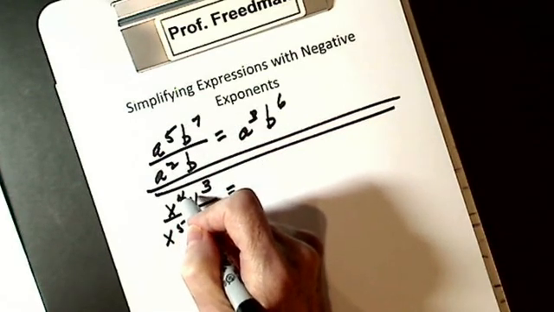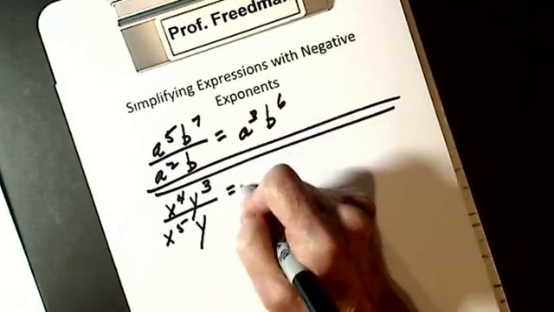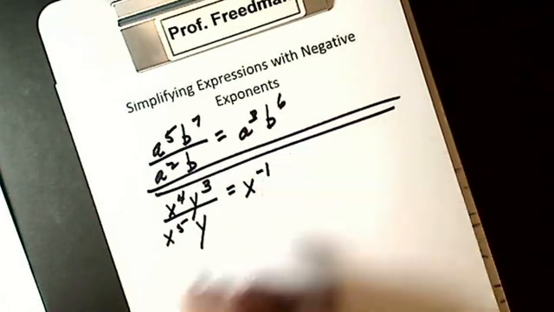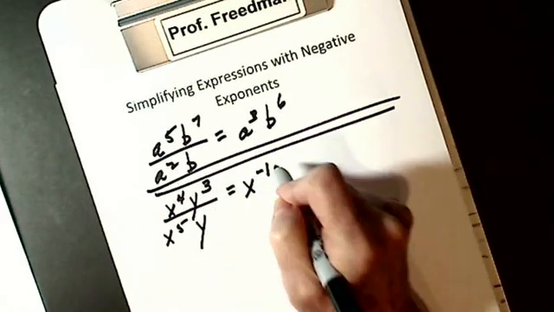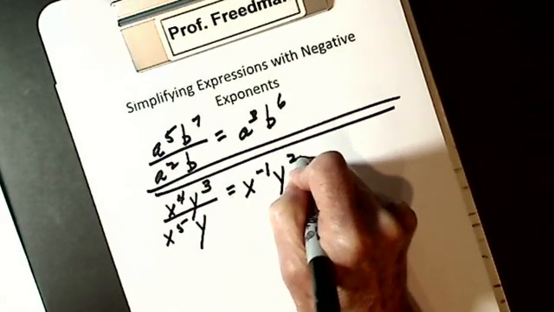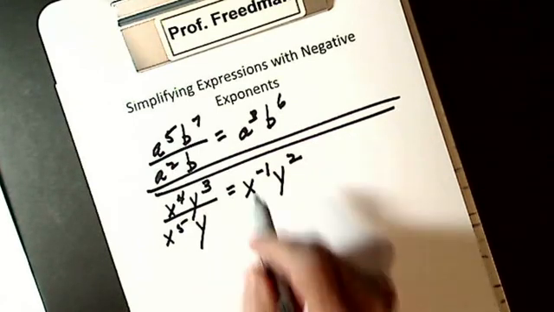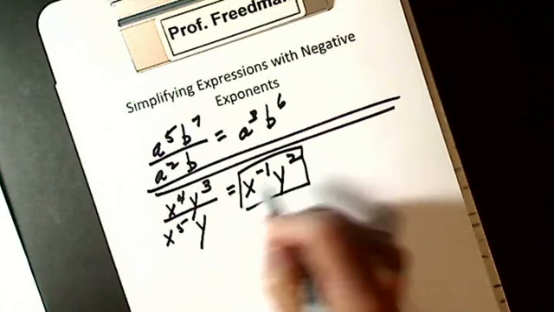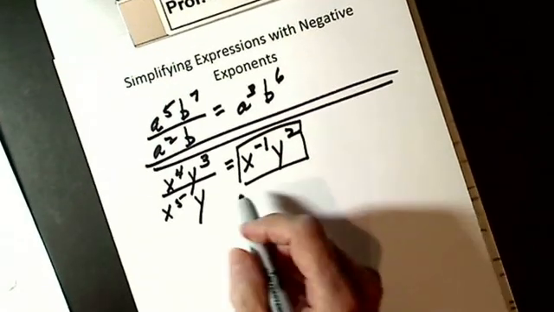But it's numerator minus denominator. So 4 minus 5 would give me x to the minus 1. 3 minus 1 would give me y squared. So I could write my answer, and there could be some negative exponents. Or I could write it like this.